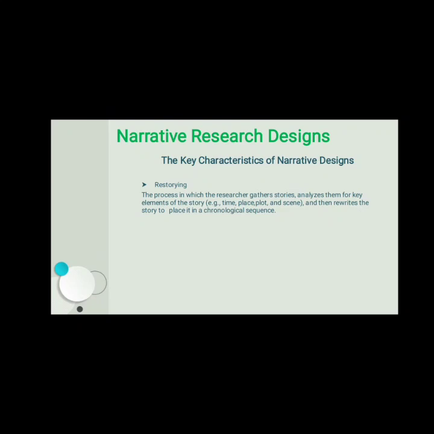The fifth is coding for themes, in which the themes are included in the pages about the individual stories or as a separate section in a study. The next is context or setting. And the last is collaborating with participants.